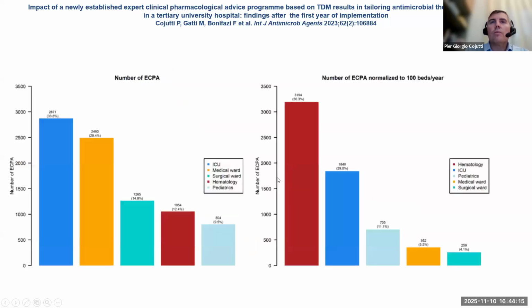But what I want you to see is that, even if the total number of advices was higher for the ICU, followed by the medical ward, when normalizing this total number by 100 beds per year, by the number of beds within each ward in our hospital, it appears that hematology contributed the most in terms of burden of requests for properly assessing drug concentration hospital-wide.